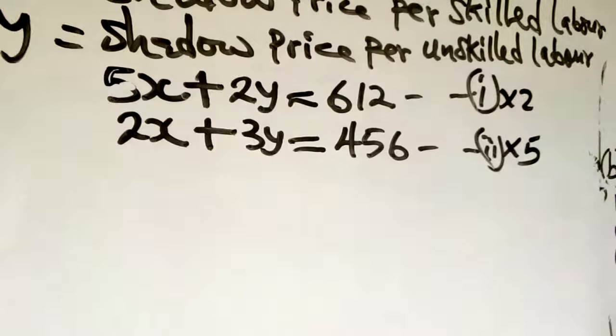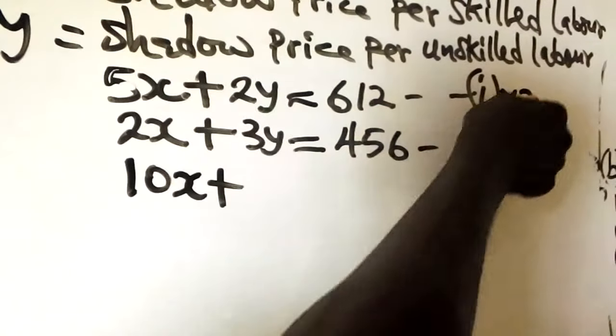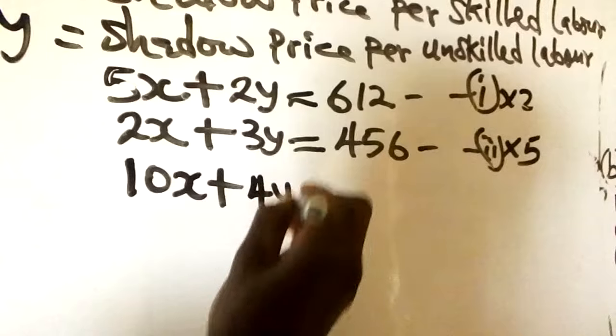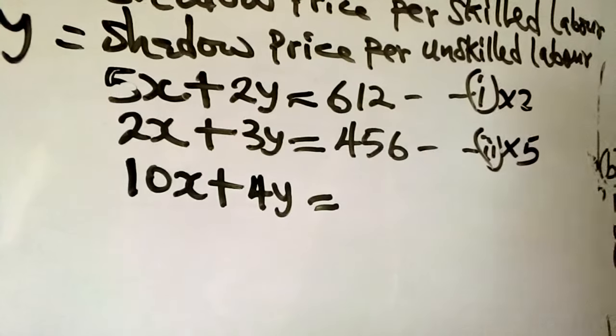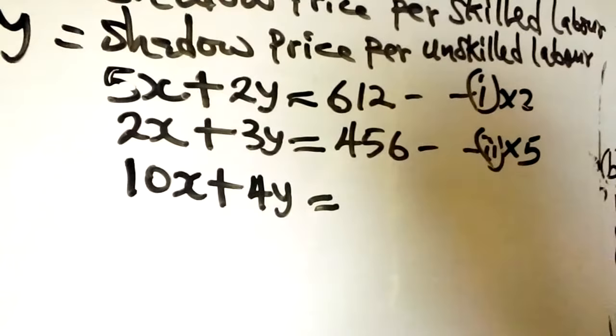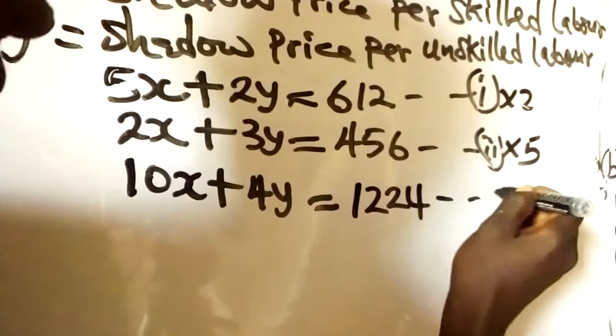2 times 5x will be 10x, plus 2 times 2y, that will be 4y, equals 612 times 2, which is 1,224. Equation 3.